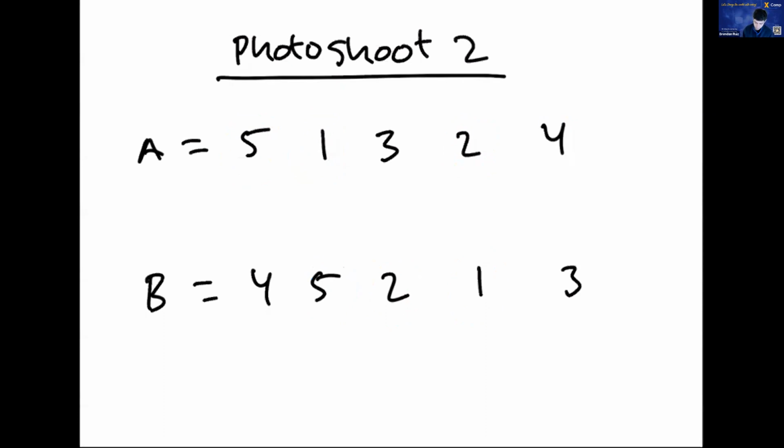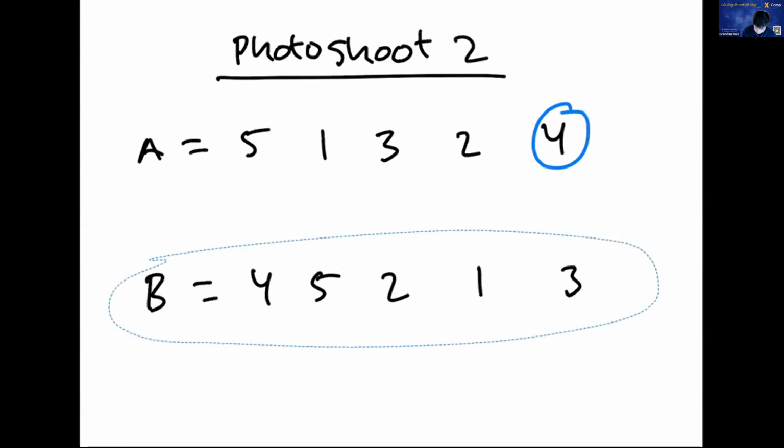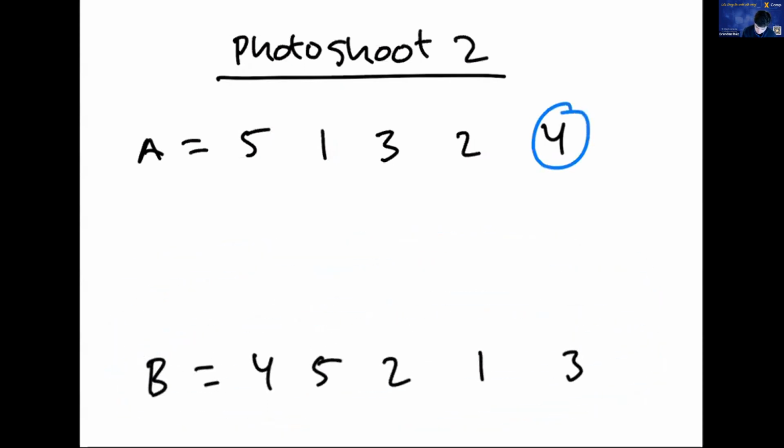Let's see how that would work if I were to actually swap the cows in practice. I would take the last cow, 4, and put it at the beginning. Actually, let me give myself a little more space here. Now I get something that looks like 4, 5 still remains, 1, 3, and 2. I moved the 4 all the way to the front so it can go in front of 5 like it's supposed to.